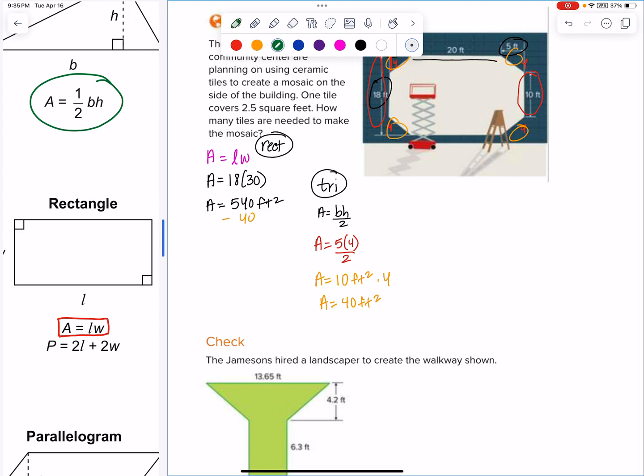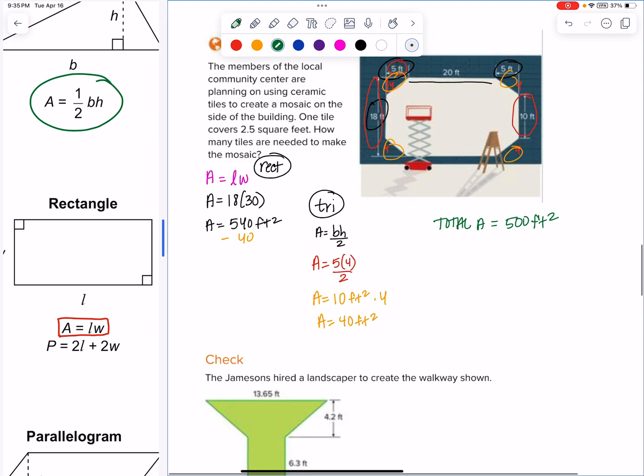So we have a total area of 500 feet squared because we took our rectangle and subtracted all our triangles. Now, we're not done, so be careful. It says if one tile covers 2.5 square feet, how many tiles do we need?